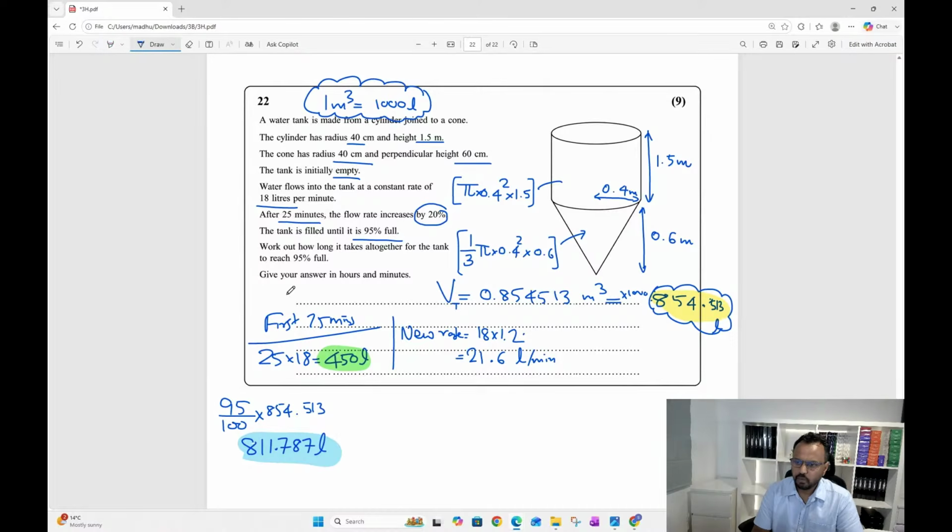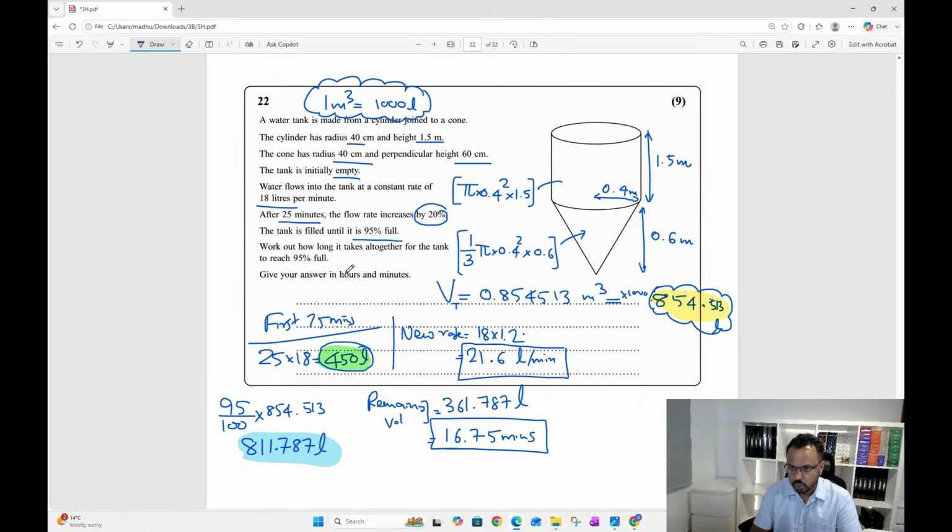Now, we already filled 450 liters. So what's the remaining volume? The remaining volume is simply this take away 450, which gives me 361.787 liters. Now, I know 21.6 liters per minute is the rate, so if I divide by 21.6, that gives me 16.75 minutes.